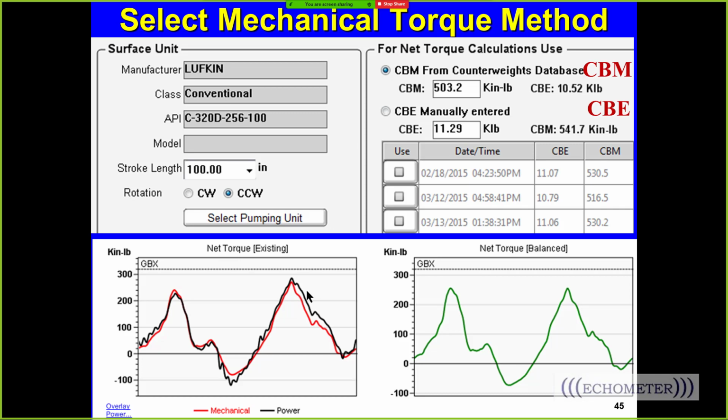Anthony is asking, can you comment on the quick and dirty current measurement that many people use for checking balance compared to power, KW? Well, when you're using an amp probe or an amp device that measures amps, it has to be fast, and you see that the two peaks don't match, and you can move the weights based on what you're seeing.